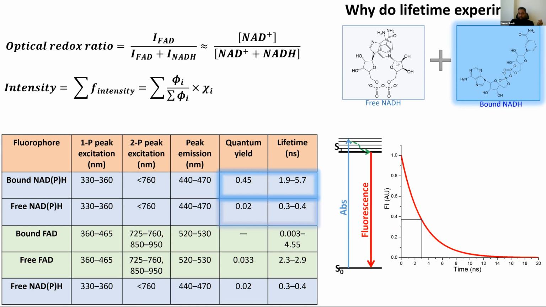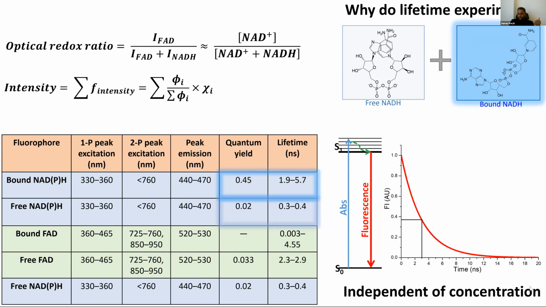Right? But if we can do lifetime, and I don't have to go into the lifetime, you have absorbance and fluorescence and the time that it spends in the excited state, which depends on all sorts of behavior. The molecular structure is one, environment is another, and you actually can look at the lifetime.